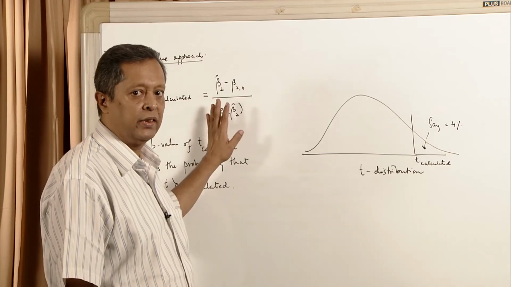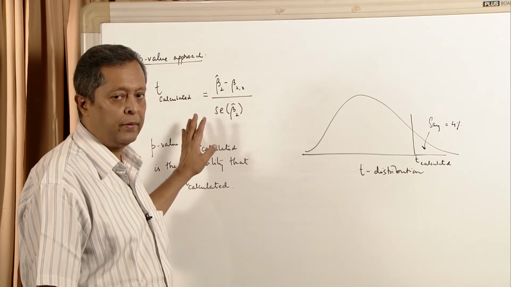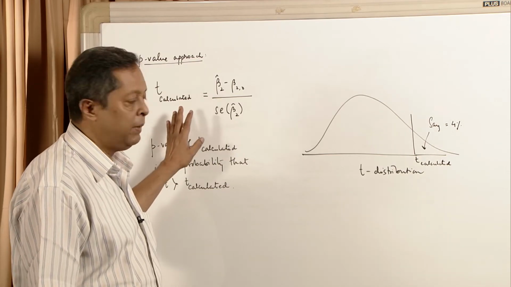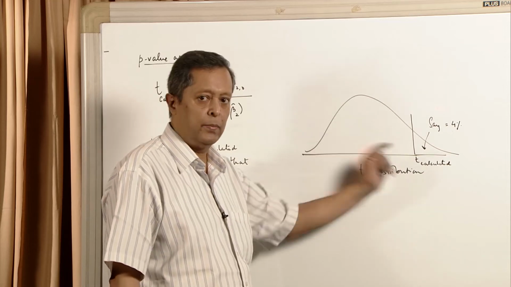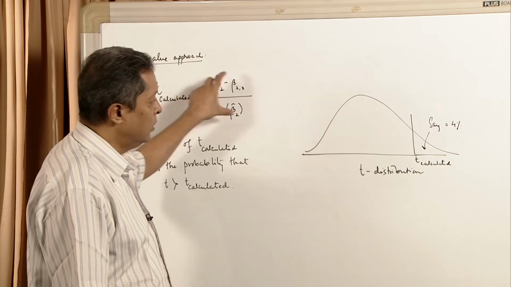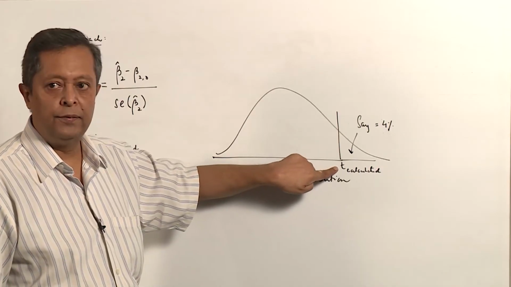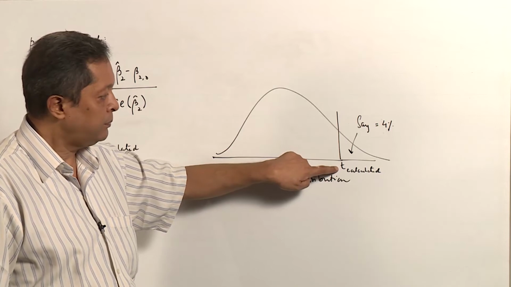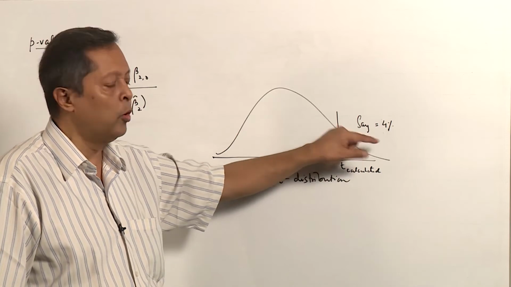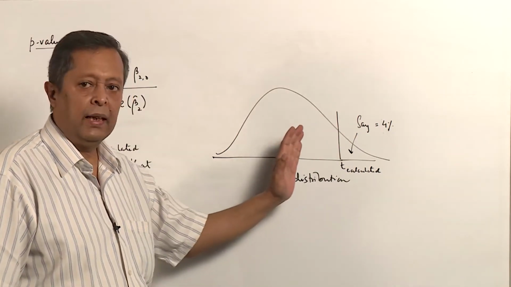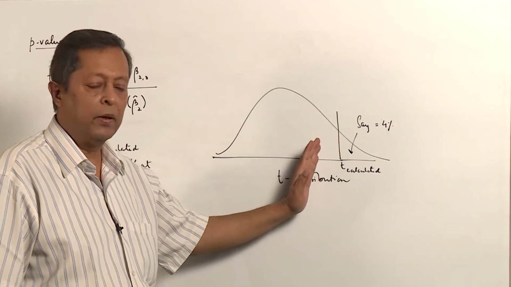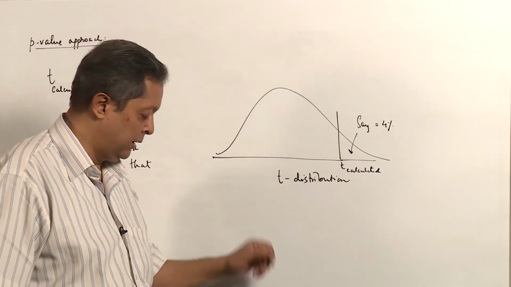Say it is n minus 3, with 2 explanatory variables and 1 intercept, we have t with n minus 3 degrees of freedom. Now, we will locate this value on the t distribution, and that is the value of calculated t. To the right of this, say the area is signifying probability 4%. That means that we can safely reject H naught at the 5% or 10% level of significance.